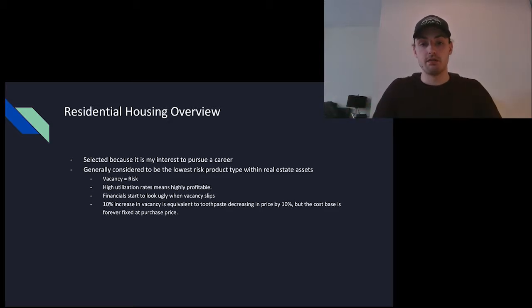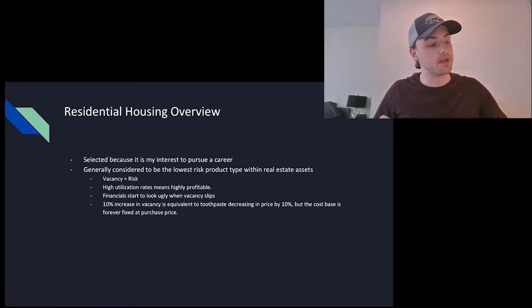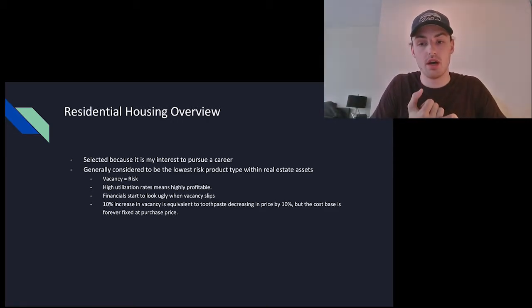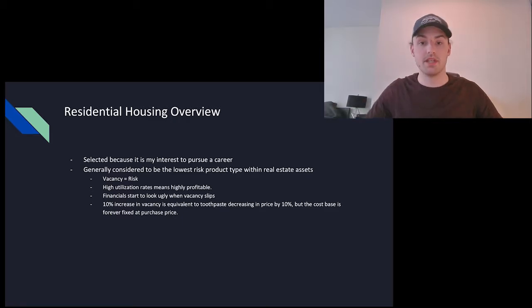And so vacancy risk is the least possible in residential real estate, because when you go through an economic recession, what happens? Businesses go out of business. So in commercial real estate, businesses go out of business, they default on their commercial lease, and all of a sudden that space is up and available.